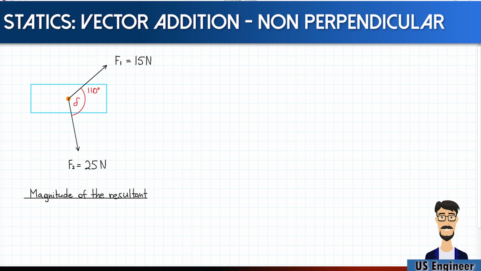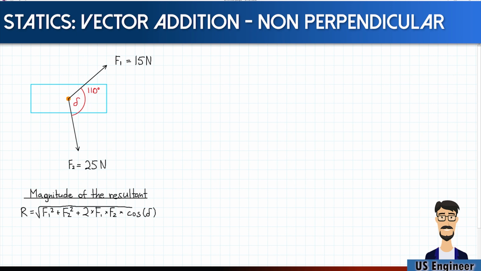And the law of cosines states, I'm going to write it down, R, which stands for the magnitude of the resultant, is equal to F1 squared plus F2 squared plus 2 times F1 times F2 times cosine of delta. And you need to take the square root of this whole expression.